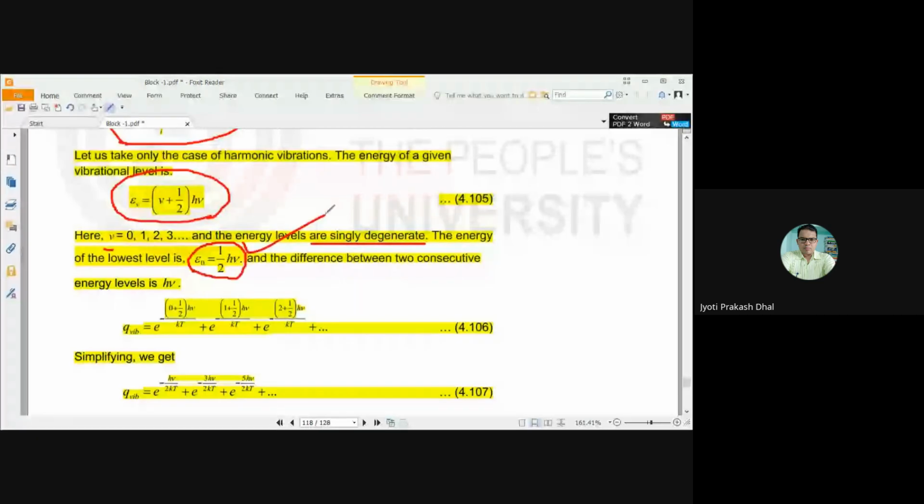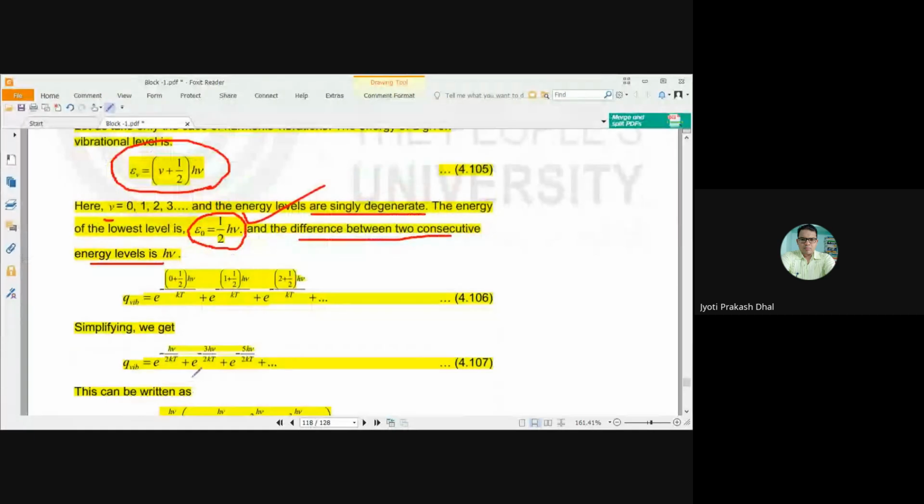And the difference between two consecutive energy levels is h nu, and hence Q vibrational equals e to the power minus 0 plus half h nu by kT plus e to the power minus 1 plus half h nu by kT plus e to the power minus 2 plus half h nu by kT, and so on.